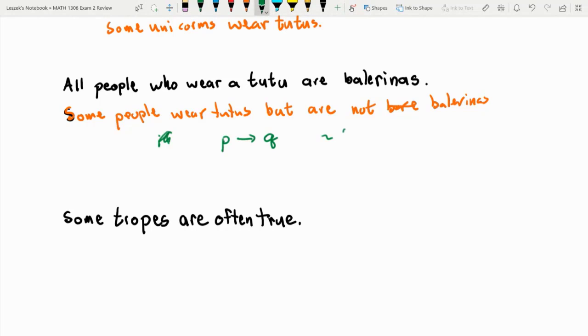And so if you want to negate an implication, this would be P and not Q. So here we're saying if a person wears a tutu, they are a ballerina. The negation of that could be that there's a person who wears a tutu and they're not a ballerina.